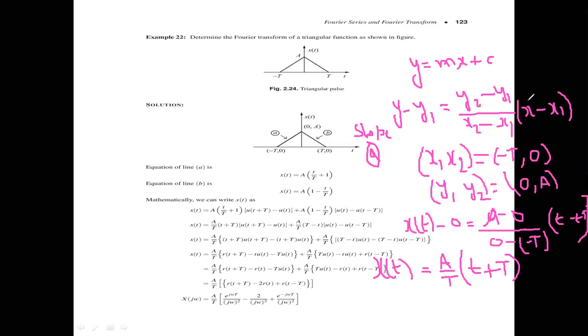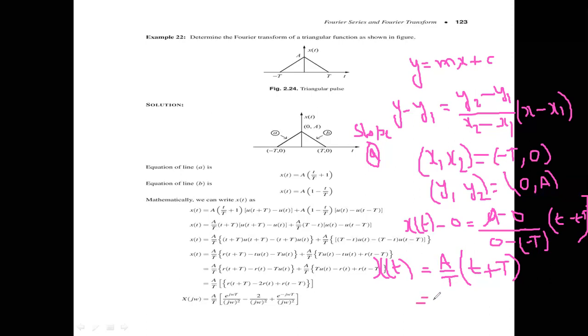Why did I write the t? Because on the x-axis the variable is t only, t minus x1. What is x1 here? Minus T, minus of minus T. So x of t is equal to a by T, the t plus capital T.